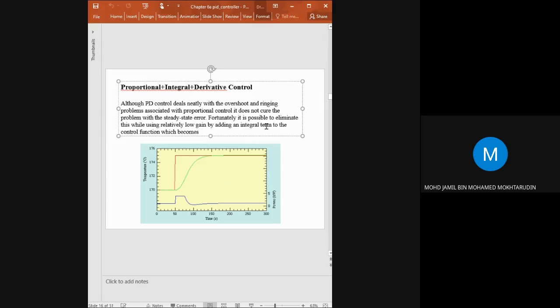So if you add integral term, then the integral controller will reduce the steady state error. So if you look at this graph here, the green one, then the effect of derivative will reduce the overshoot and will reduce the damping. The effect of integral controller is it reduces the steady state error, and the effect of proportional controller is it reduces the rise time. Okay, but you need to adjust the gain for each of the controllers.